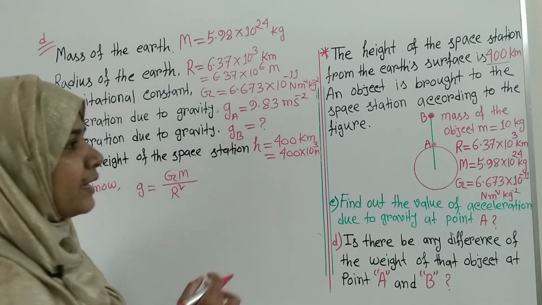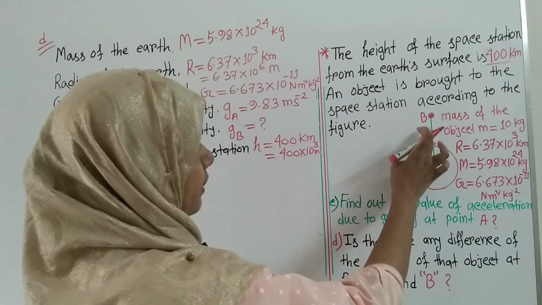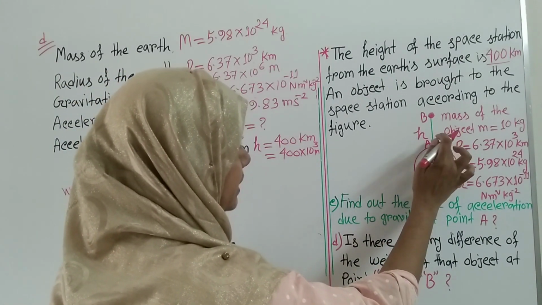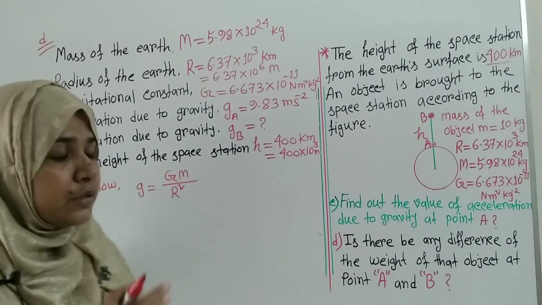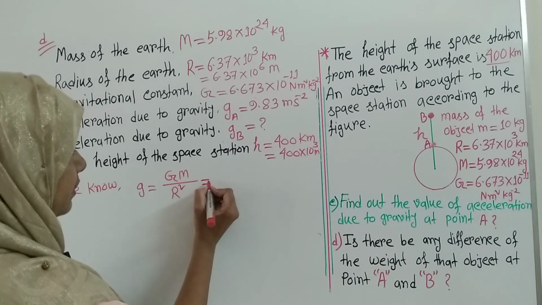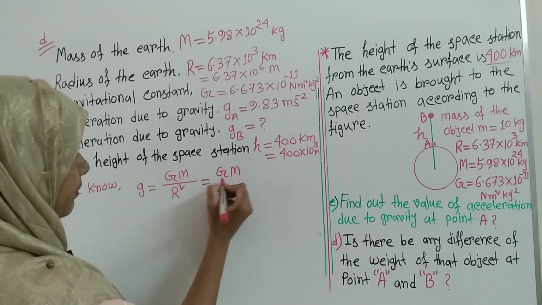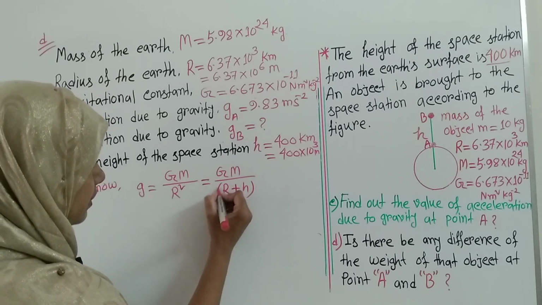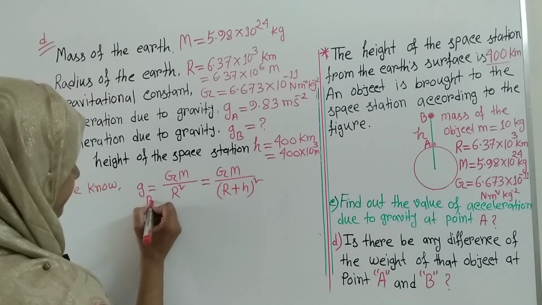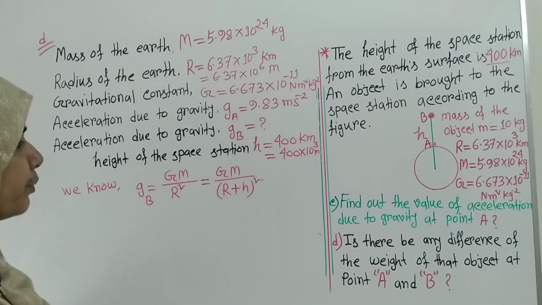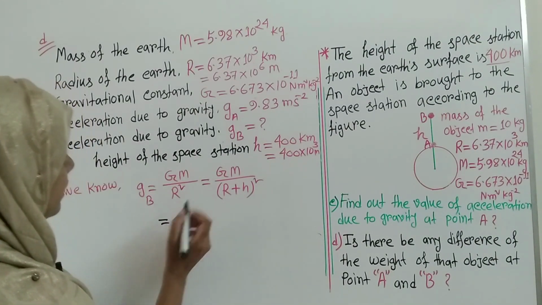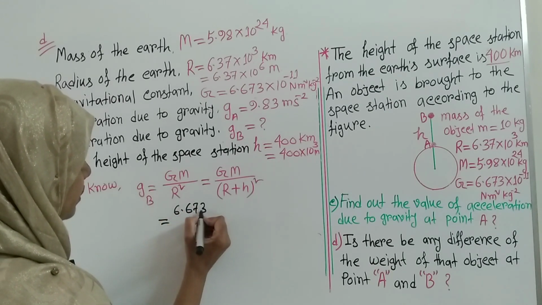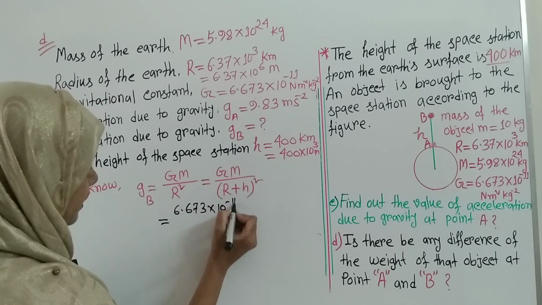But as we are calculating the acceleration due to gravity at point B, that is h meter away from the Earth's surface, we can write the equation GM, instead of r we have to write (r plus h) whole square. Now put the given information. The value of G is 6.673 into 10 to the power minus 11.